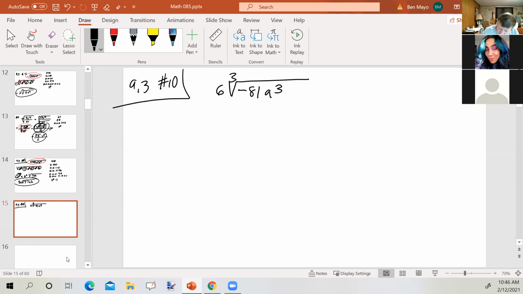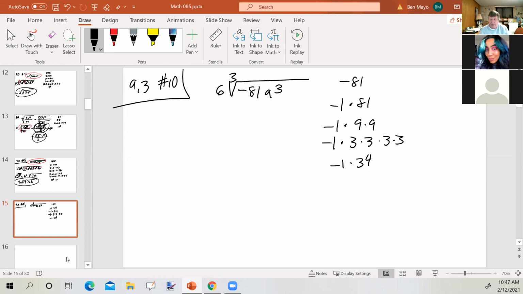All right. I'm going to take negative 81 and write it as negative 1 times 81, and then negative 1 times 9 times 9, negative 1 times 3 times 3 times 3 times 3, negative 1 times 3 to the 4th. Okay, so I factored out the negative 1 and then did the prime factorization of 81.